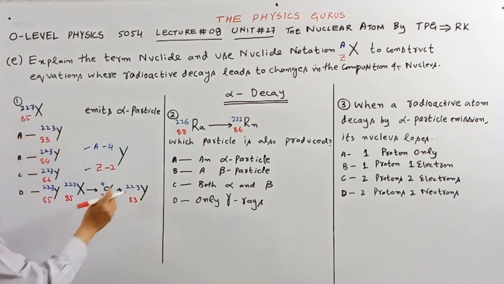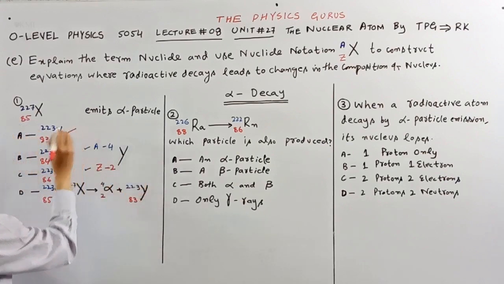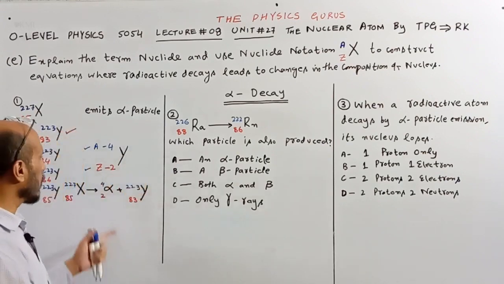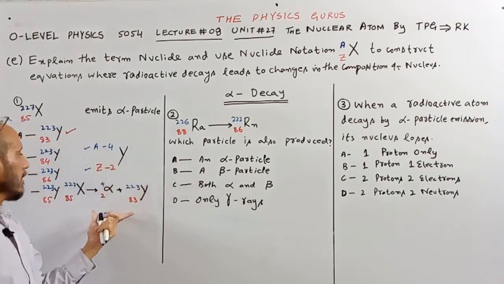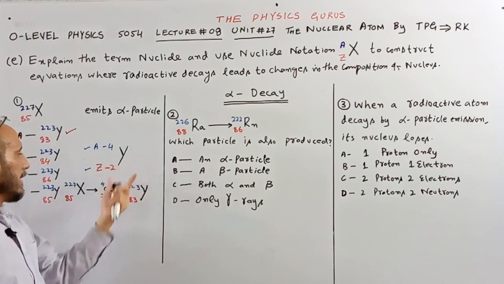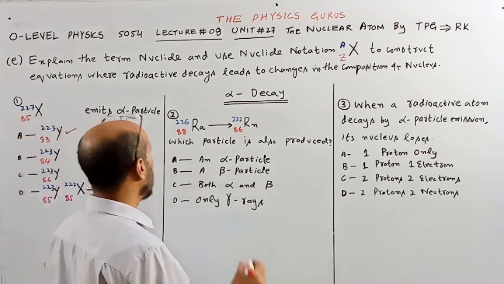Now if we check from the options 223 and 83, then option A is the correct answer. So we have constructed the alpha decay equation and applied the values accordingly, and we got the answer straight away.